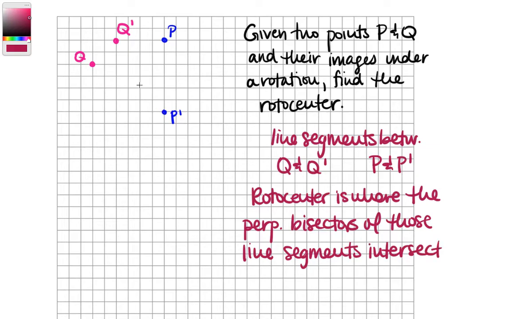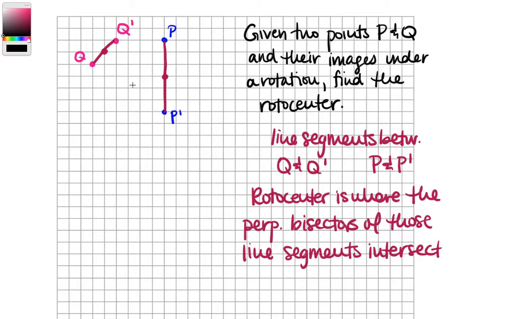And we saw the perpendicular bisector in the last video. So here, let's draw one of our line segments. And let's draw the other line segment. And perpendicular bisector is just a fancy way of saying find the midpoint of your line segment. Here's one midpoint. Here's the other midpoint. And draw a perpendicular line to it. So at a right angle.